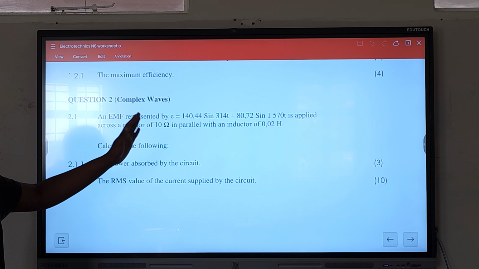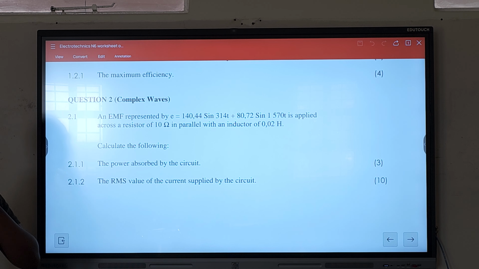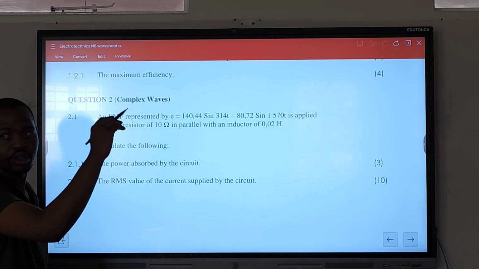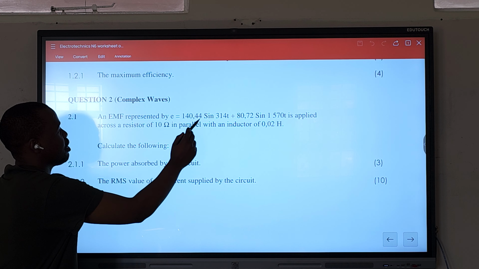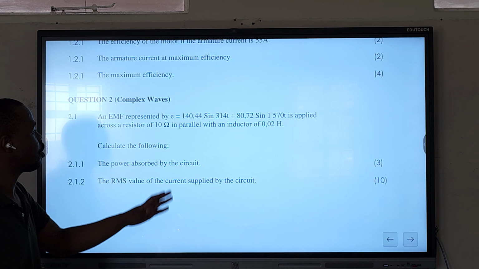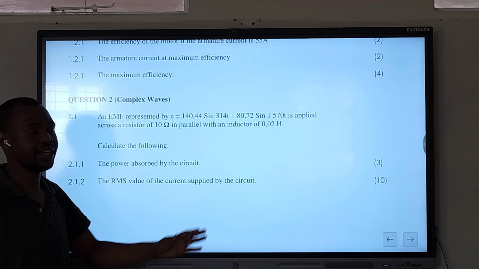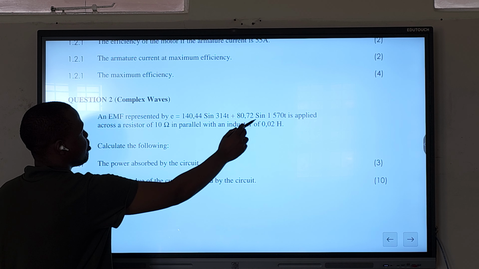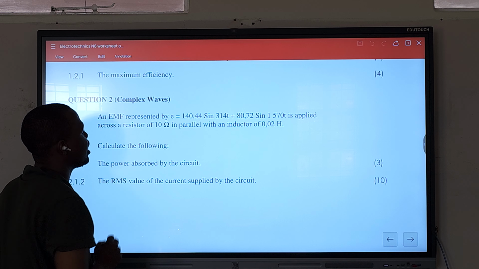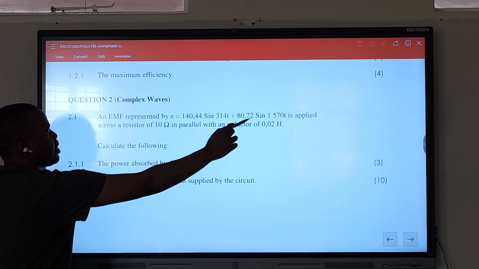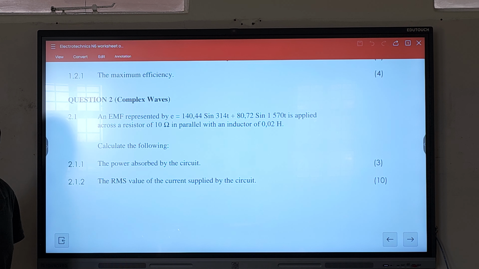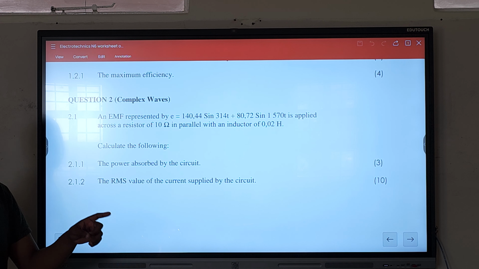Okay, so this voltage is not a pure sine wave. Hence, we have two sine waves, which we call harmonics. These two harmonics make up this non-sinusoidal wave of a voltage.